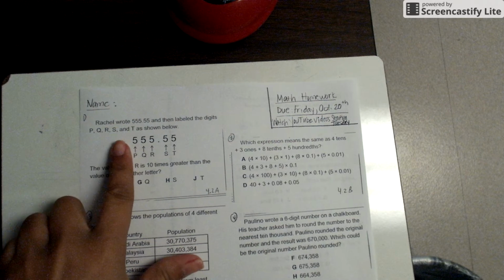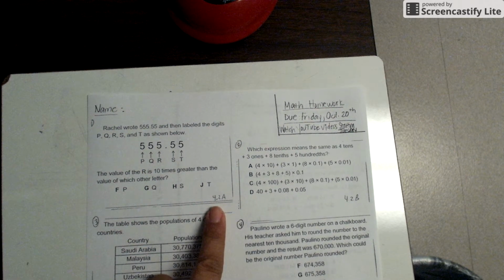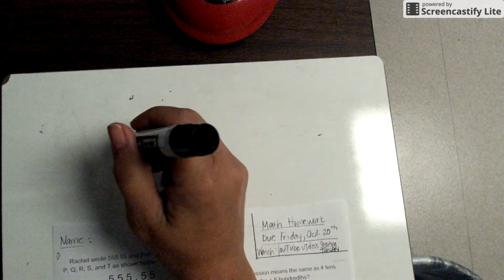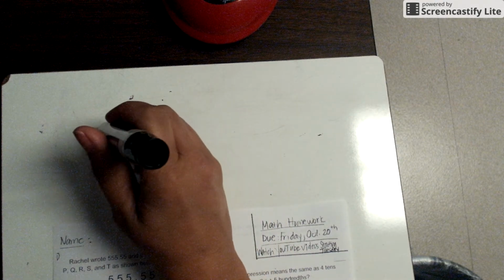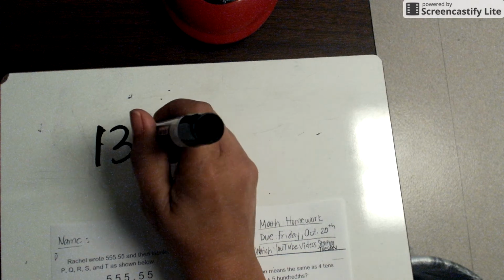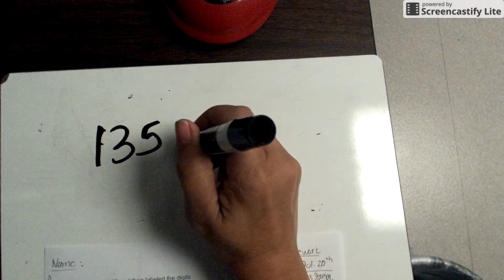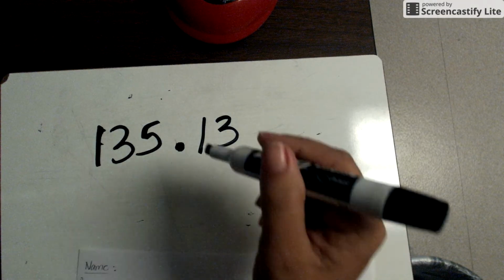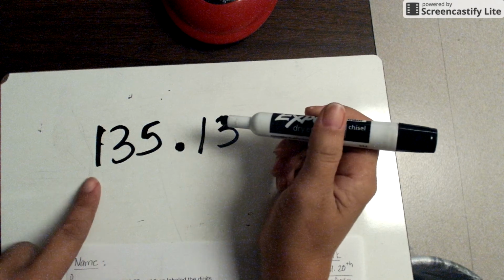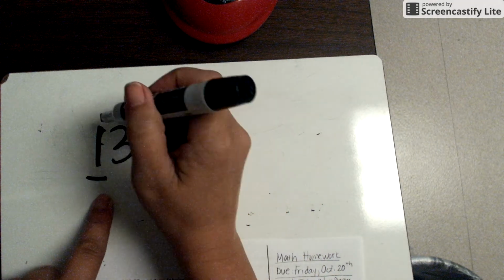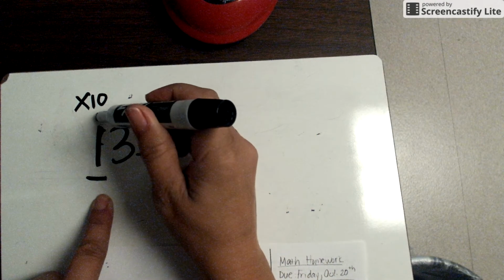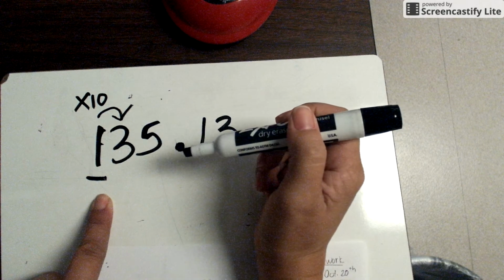So let's look at question number 1. On question number 1, it's the Learning Standard 4.2a. And I know that 4.2a tells me that we are required to know that if you have a number, for example, let's say you have 135 and 13 hundredths, 4.2a tells us that any place value position on the left is always going to be 10 times larger than the position to its right.